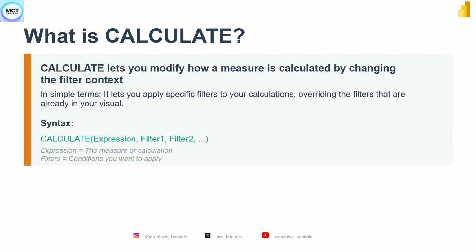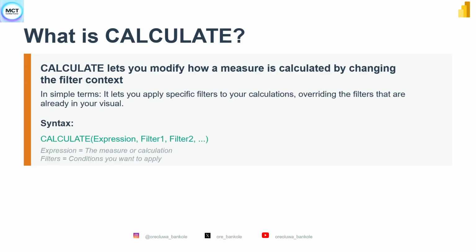If you look at what we have here, I've written the syntax. The syntax is that it should CALCULATE, but then there is the expression. The expression is basically the measure or the calculation that you want done, and it must return a scalar value.